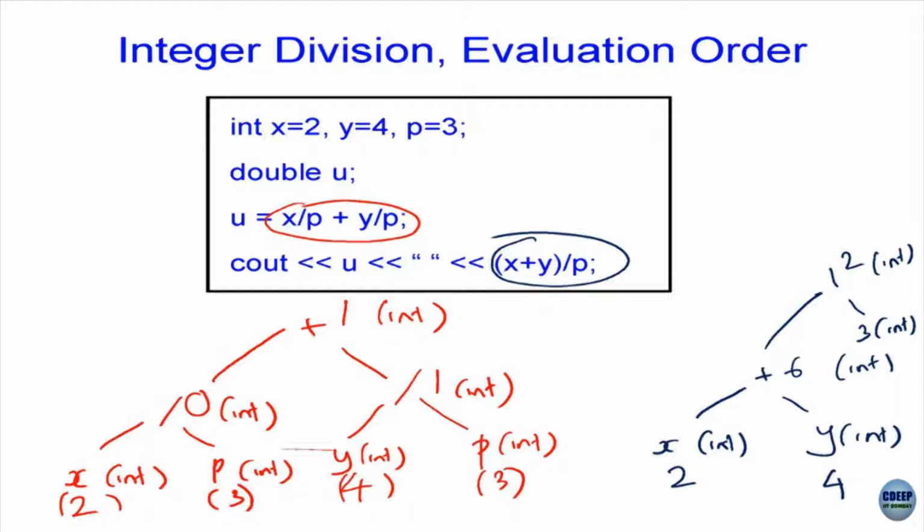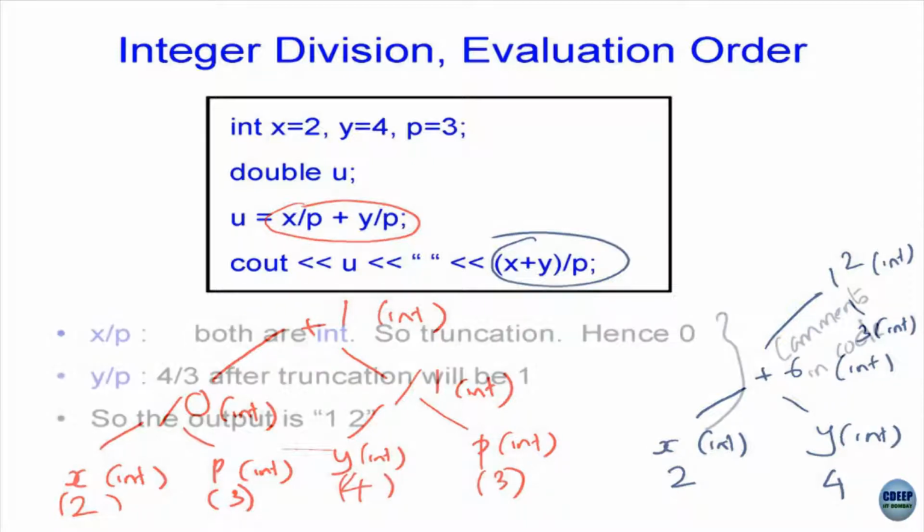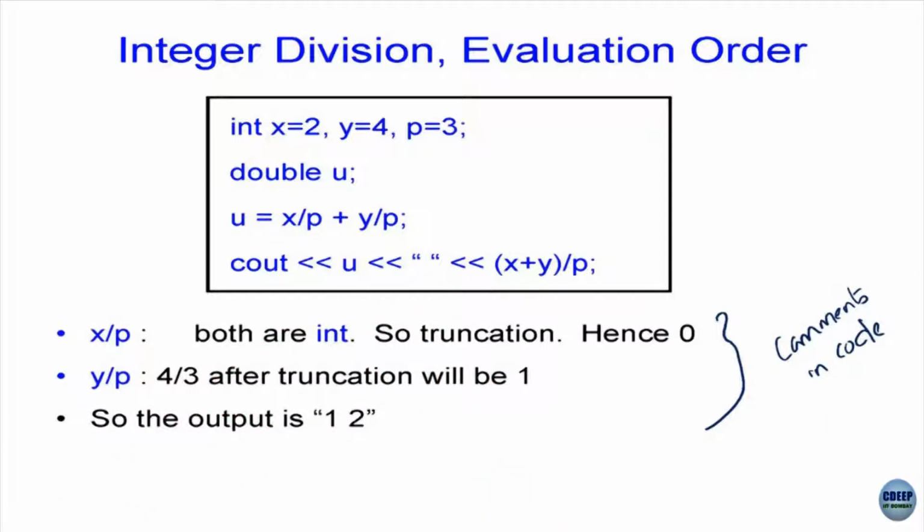So x as an int plus y as an int, 2 plus 4 will result in an int 6, which you divide by p, which is 3, an int, result will be an int, but in this case it will be 2. Okay, could we proceed? Any questions up to this point? So output will be 1 followed by 2. Okay, so you could write comments like this in your code.